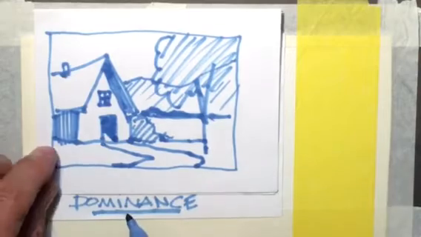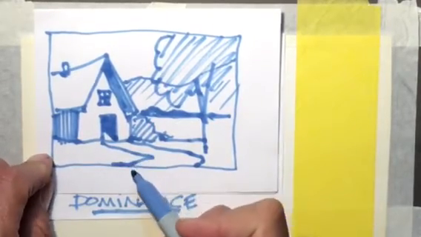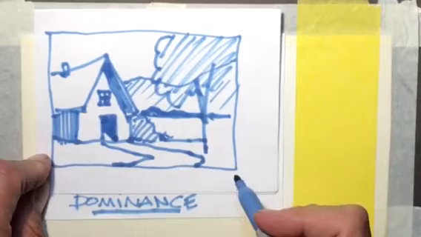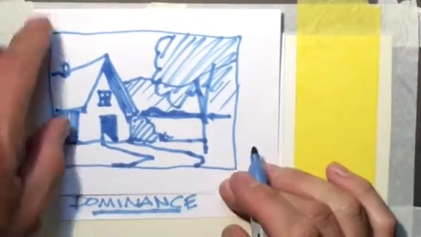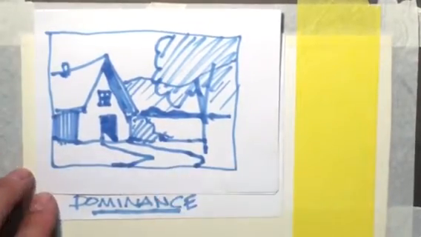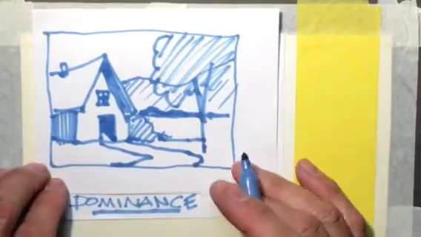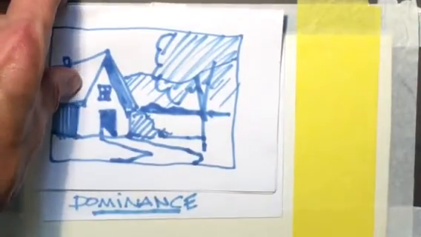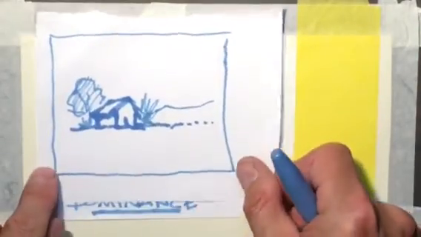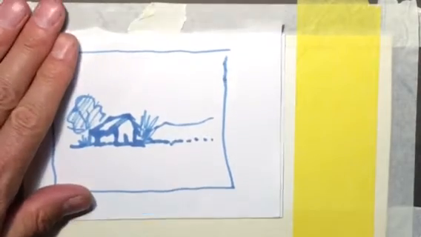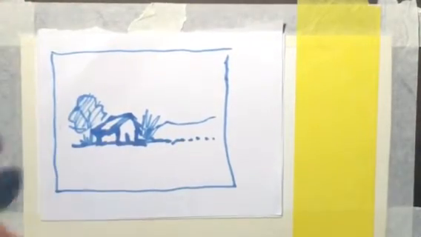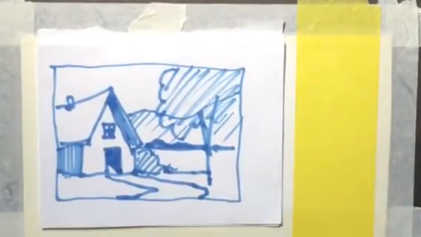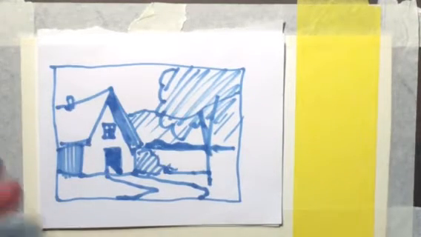So using dominance, you can definitely step your watercolor painting design up a couple notches. To me, this looks more exciting using more of a dominant feature in my watercolor painting here than if I went with a safer route. That's okay, but you can see the difference of adding dominance can really bring your painting to another level.